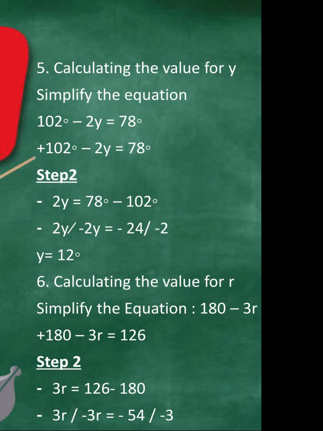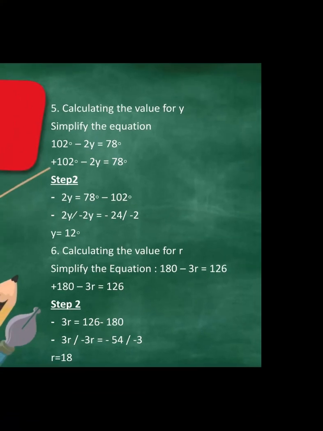And then our next step, we'll have negative 2 divided by negative 2 equals negative 24, because when we say 78 minus 102, it gives us negative 24, and we will divide it by negative 2, and our answer will be 12.